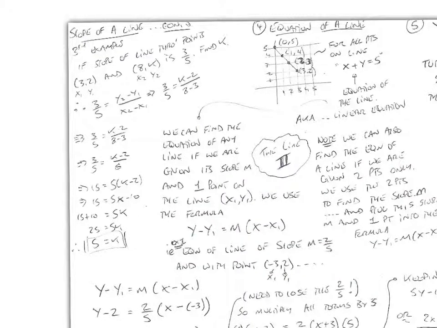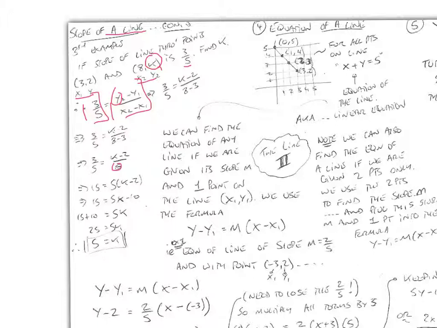And here's a third example to do with the slope of a line. If the slope of a line through the points (3, 2) and (8, k) is 3 over 5, find k. Well, the slope is equal to y2 minus y1 over x2 minus x1, so 3 over 5 is equal to k minus 2 divided by 8 minus 3, because we've just plugged the y2 value into our formula here. So 3 over 5 is equal to k minus 2 over 5, which is 8 minus 3.